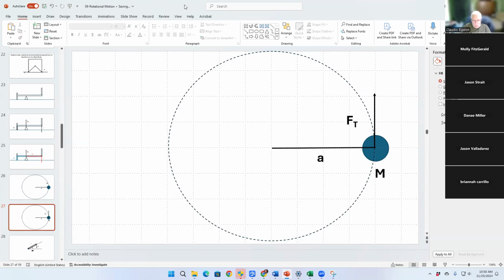And we will be able to derive a very interesting formula. I will consider that this object has a mass lowercase m.